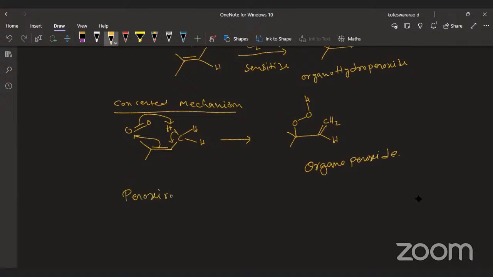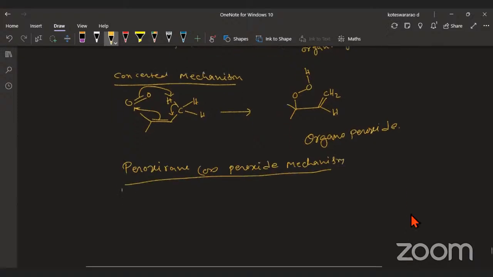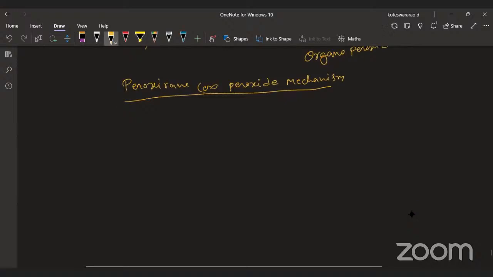The mechanism can also be shown in a different way, that is, involving a perepoxide mechanism. Perepoxide mechanism. Take the same substrate. Whenever it is treated with singlet oxygen, first it will undergo oxidation of the double bond.